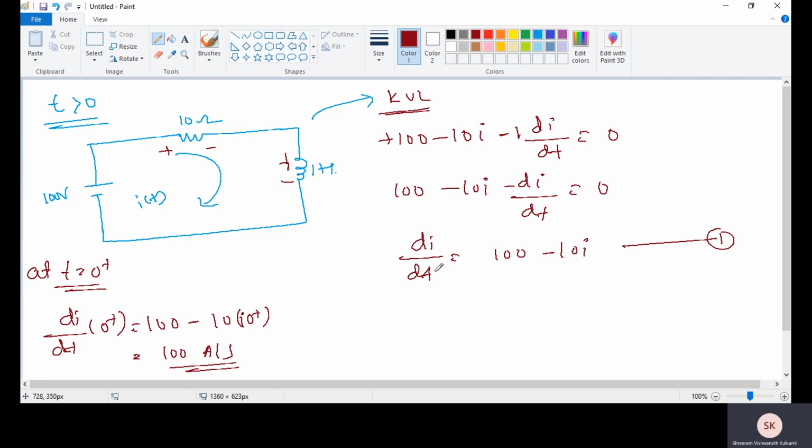Now if I differentiate this equation, what will I get? Next I need to find d square i by dt square. Differentiating equation 1, d square i by dt square equals constant 0 minus 10 di by dt.